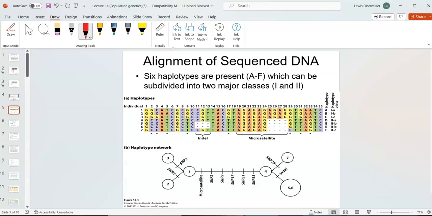There are lots of programs that can do this, and this is done with a computer program. Just to let you know, there's a sector called bioinformatics, and I have a lot of students that went into this. Basically, it's using computers to gain information about biology. Someone would write computer code that would align these sequences.